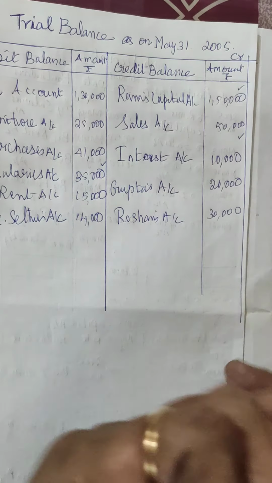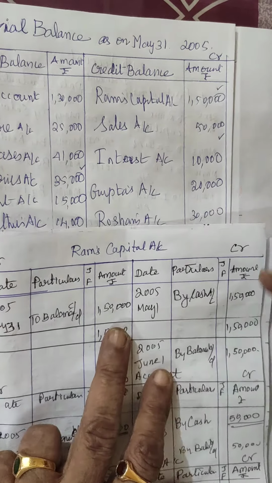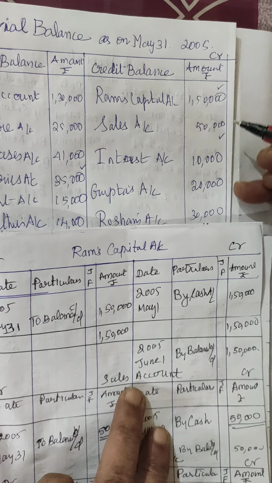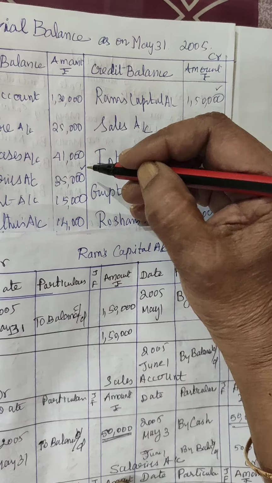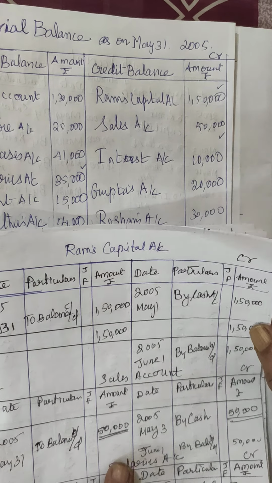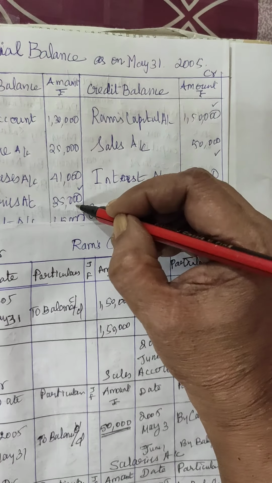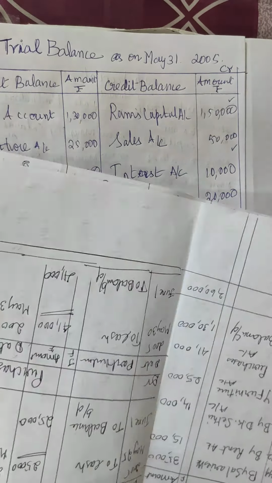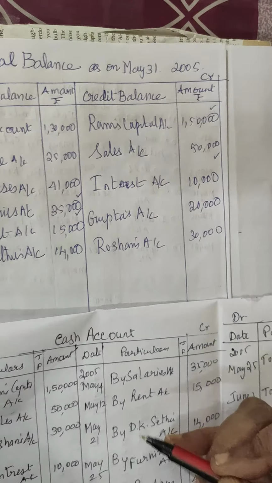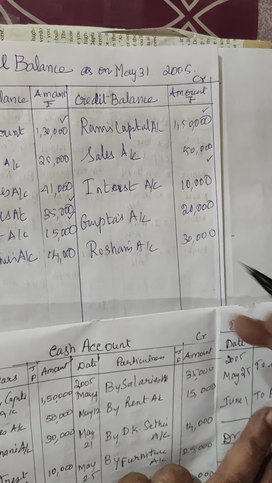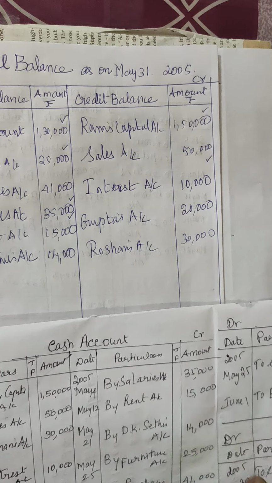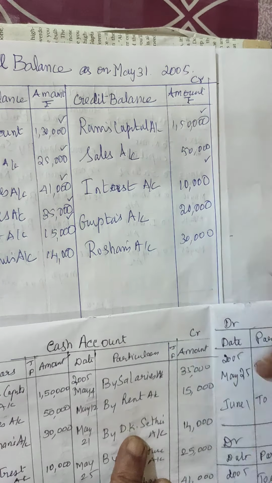Let us check all the accounts. Ram's capital account 1,50,000 entered. Then sales account 50,000 entered. Salaries account 35,000 entered. And cash account 1,30,000 entered. Furniture account 25,000 entered. And purchases account 41,000 entered.